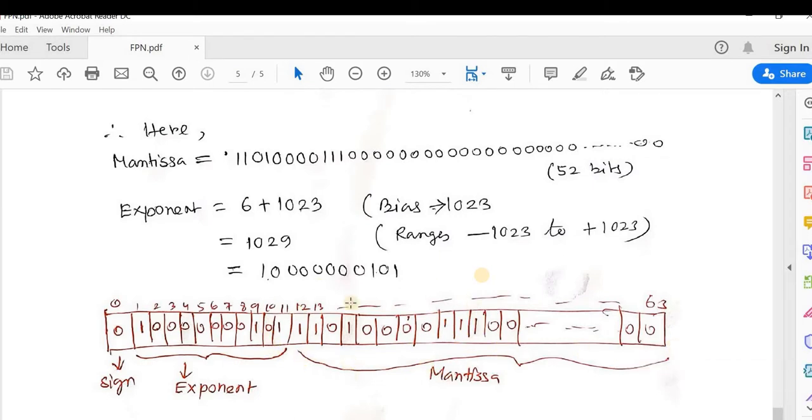So this is the required 64-bit representation for the given real number. So clear? So that's all for floating point representation of real numbers. So thank you.